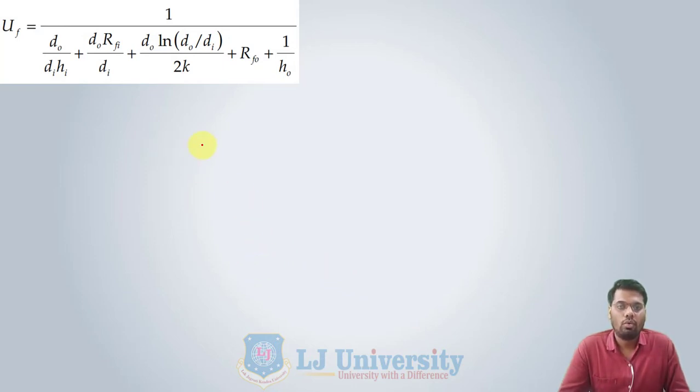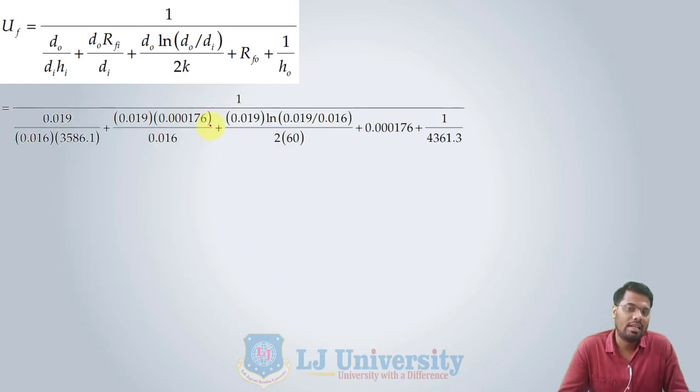Now we can calculate the overall heat transfer coefficient for both conditions, the fouled condition as well as the clean surface condition. So for the fouled condition, these are the resistances. This is the equation which we have already discussed in chapter number 1. So by putting in all the values, we have the fouling resistance value, which is 0.00176, which is mentioned in the question.